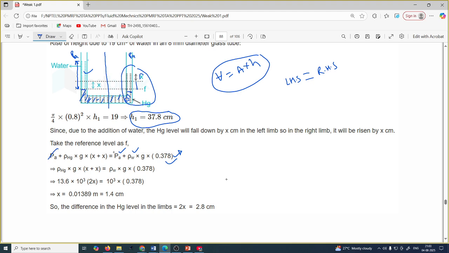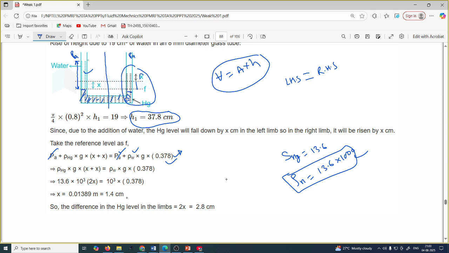So P atmospheric will cancel out, and here 13.6 and g. Why is 13.6 given? You know the specific gravity of mercury is 13.6. Once you convert to density, 13.6 specific gravity times 1000, the standard liquid density. 2x is already given, and g will also cancel out.